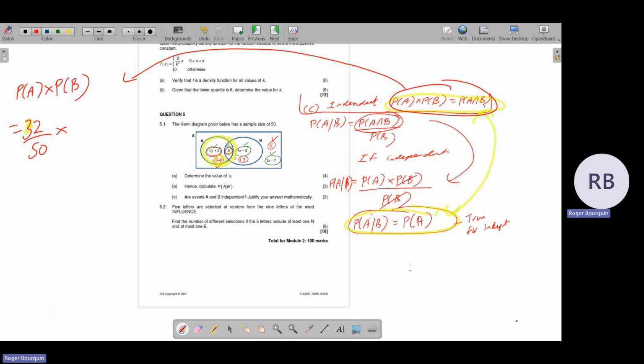The probability of something being in B is this area over here, which is 21 over 50. And if you work out 32 over 50 times 21 over 50, you should get an answer.